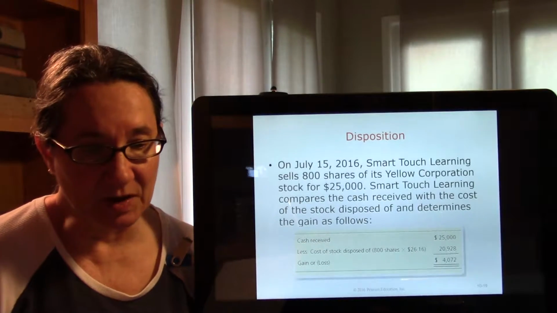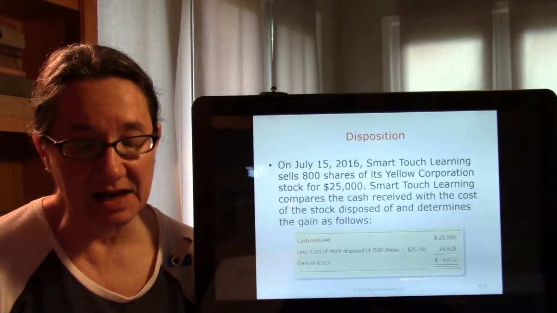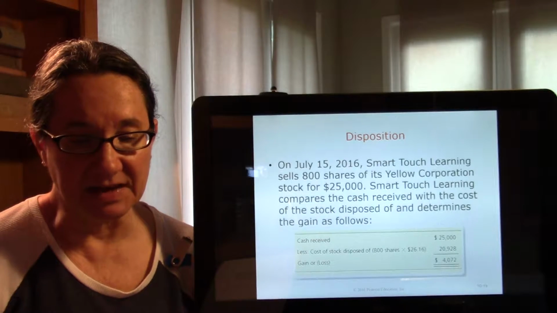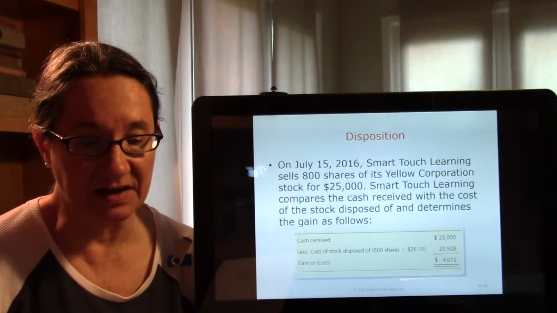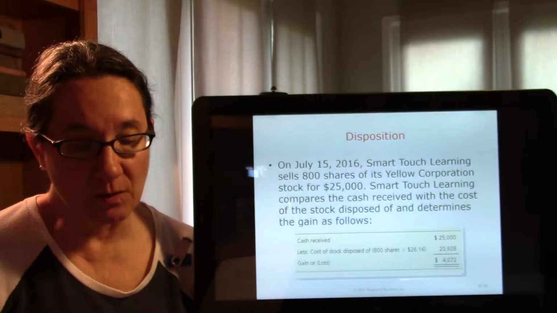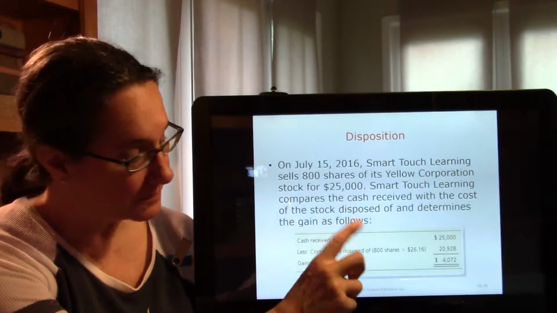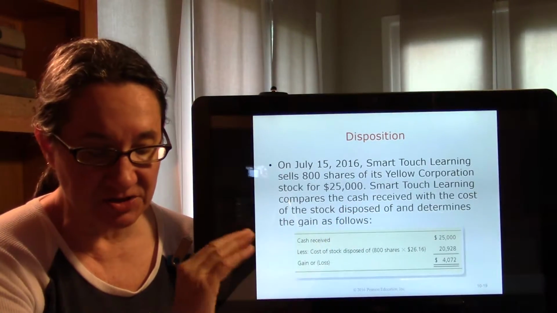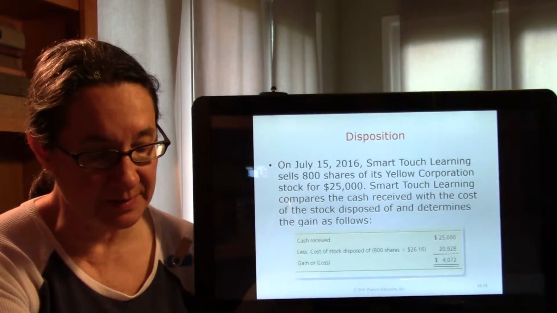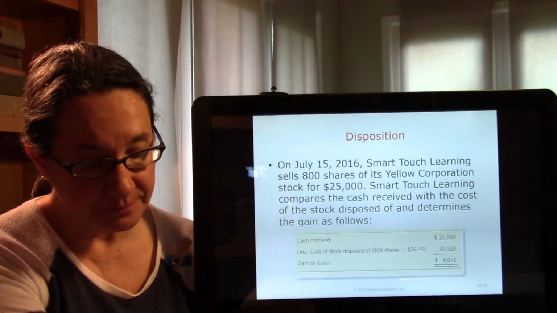So for this example, on July 15, Smart Touch Learning sells their 800 shares of its stock for $25,000. Smart Touch compares the cash received with the cost of the stock and determines the gain as follows. The cash received was $25,000. They only sold 800 shares, and those 800 shares cost $26.16 apiece, so the total cost was $20,928.